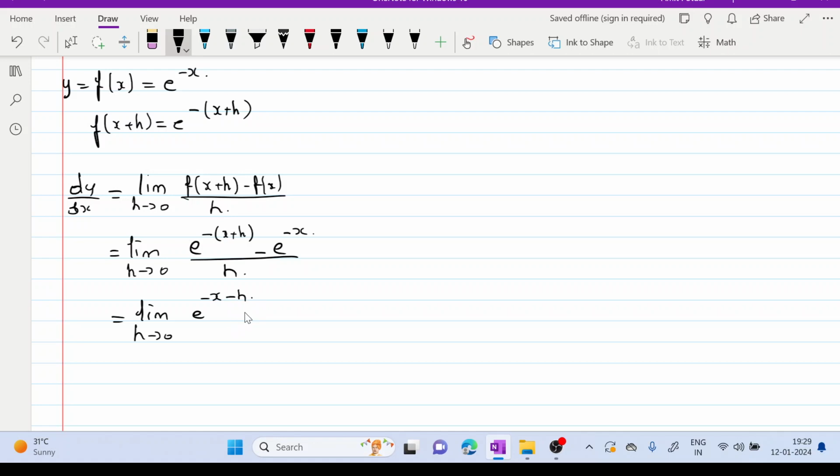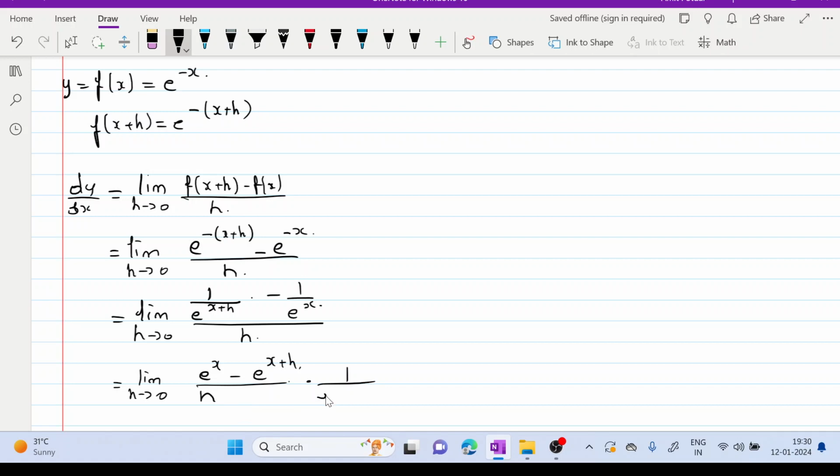Should I take LCM in karke? That would be better off, na? Yeah. So what I'll do is I'll just make this as 1 upon e raised to x plus h minus 1 upon e raised to x upon h, which is equal to limit as h tends to 0 e raised to x minus e raised to x plus h divided by h into 1 upon e raised to x plus h into e raised to x.